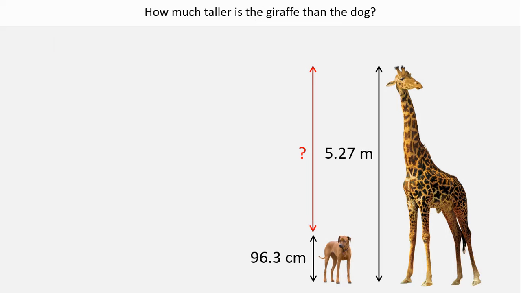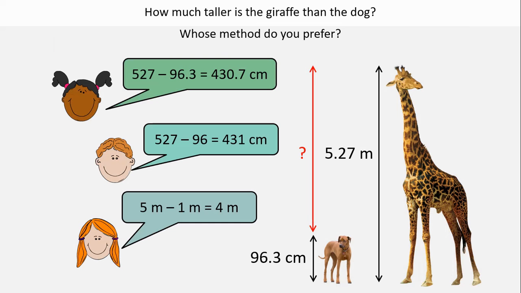Okay, how much taller is the giraffe than the dog? There's a couple of ways you may want to answer this. You could answer it by taking the 527 centimeters, 5.27 meters, and taking it away from 9.63, as was done in the first example here. You could also do it as 527, take away the 96, so ignoring now the decimal bit from here.